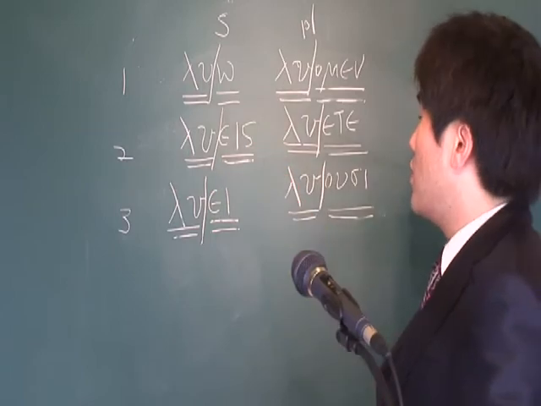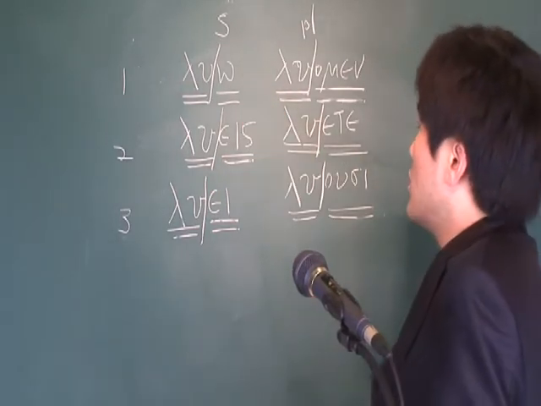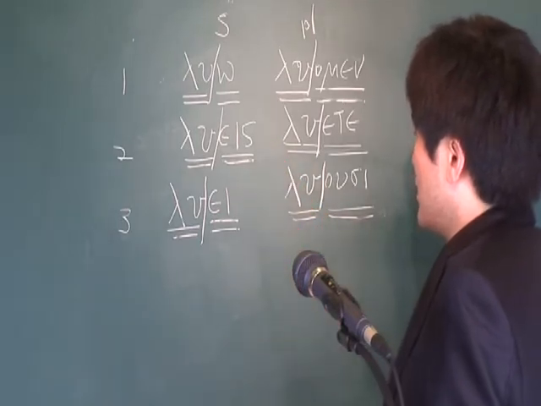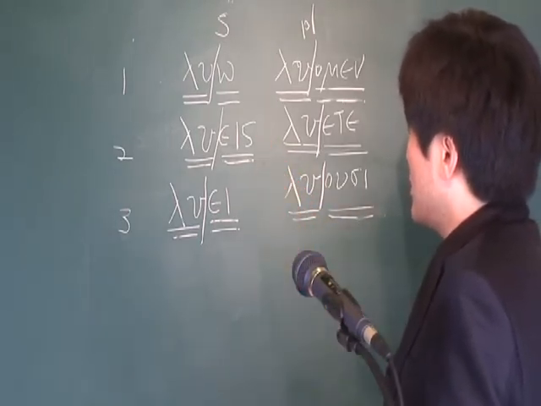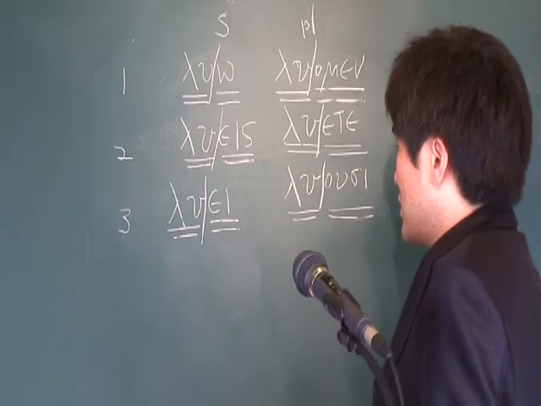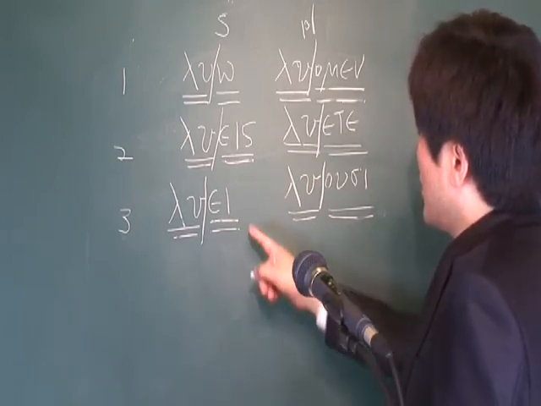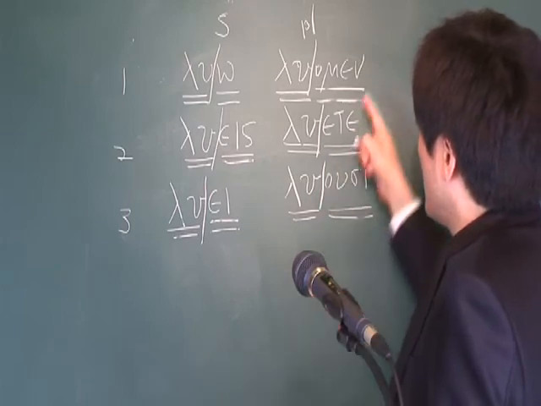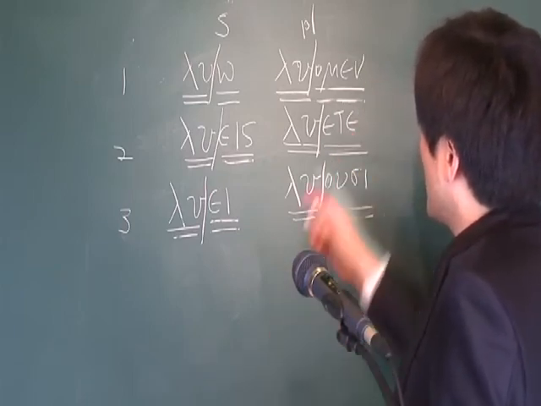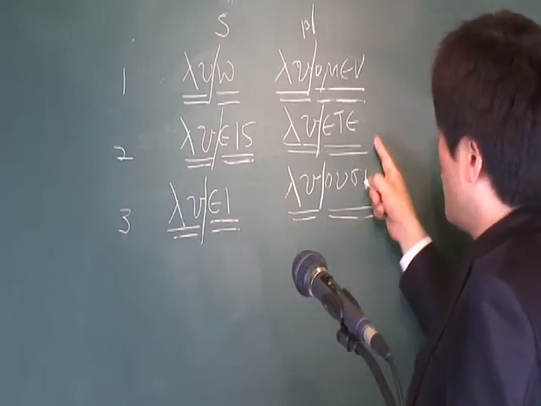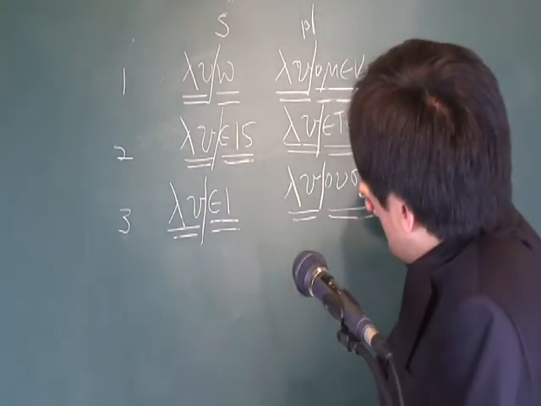Let's analyze them. The first person singular form. Leg, the stem, and o, the personal ending, are put together. Lego. I say. The second person singular form.